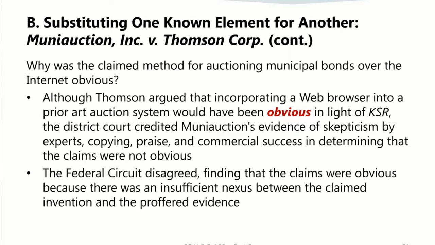The district court determined the claims were non-obvious in view of Muni Auction's evidence, even though Thomson argued incorporating a web browser would have been obvious in light of KSR. The Federal Circuit disagreed and found the claims obvious since there was insufficient nexus between the claimed invention and Muni Auction's evidence.